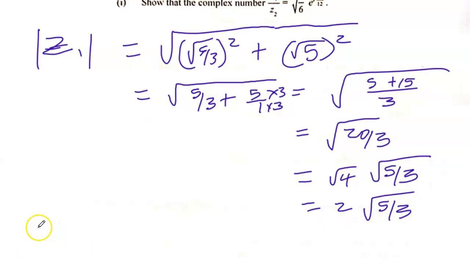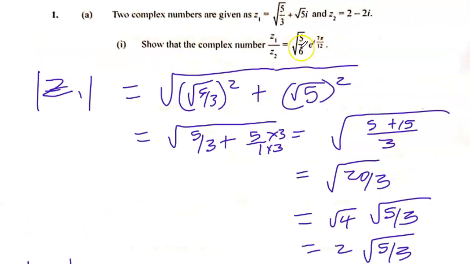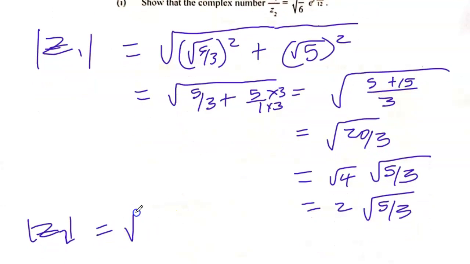Now let's find the modulus of z2. Just to remind ourselves, z2 is 2 minus 2i. So the real part squared is 4, and the imaginary part squared is also 4.